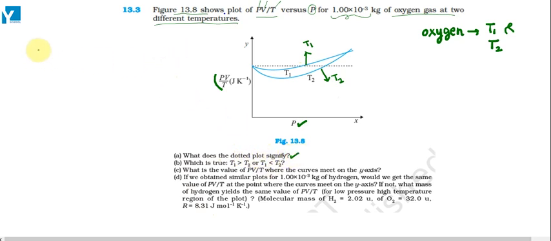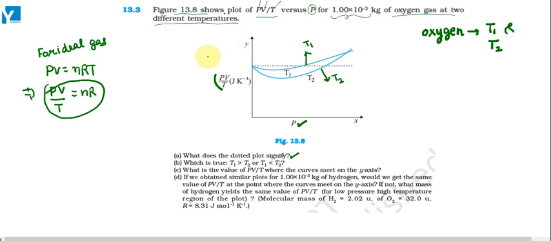So for the ideal gas, अगर मैं किसी ideal gas की बात करूँ, we know PV is equal to nRT. This is the equation of state. So PV over T is equal to nR.